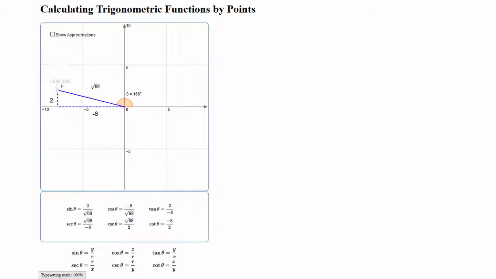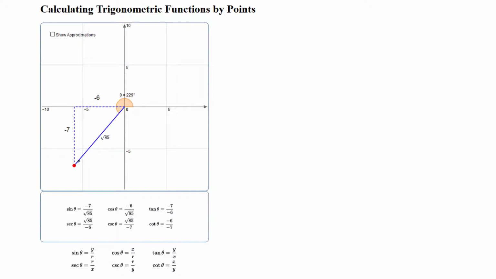If you continue on around, you can get different values. Oops, I was supposed to stay there. The 6 I was trying to move up. All right, so in quadrant 3, both the x and the y directions are negative, so you could have differing values there.